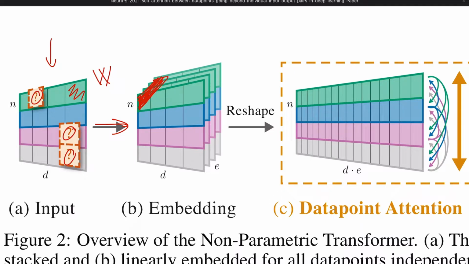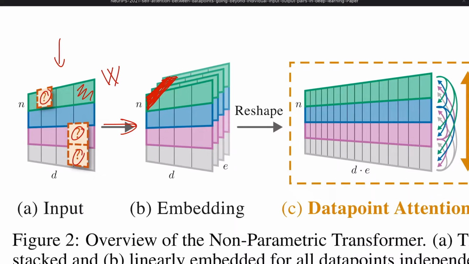Now I looked over the code base and I was curious, why did they do this? And the answer is super simple. My idea is that they are using this in order to enable this framework to work with regression and classification, with inputs that are both continuous as well as categorical.